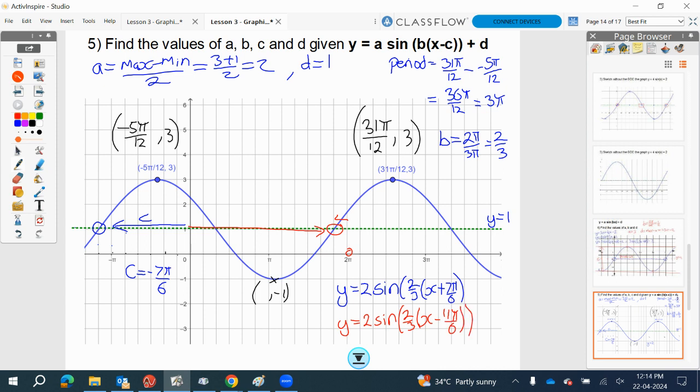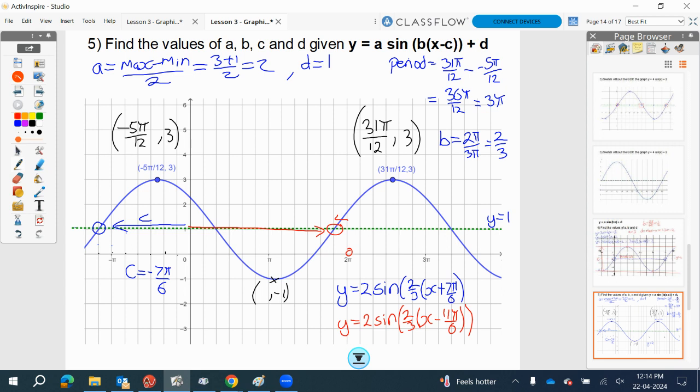What's the difference between those two? How far apart are these two numbers? We've got 7 pi over 6. No, it's 3 pi, because it has to be the total width.